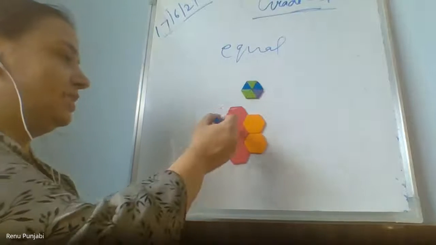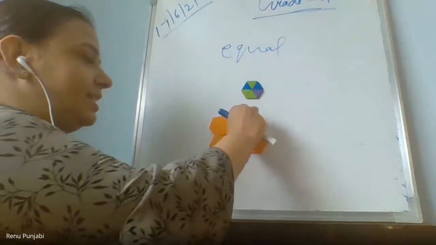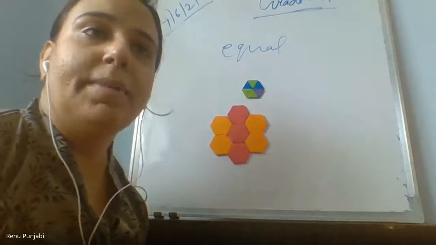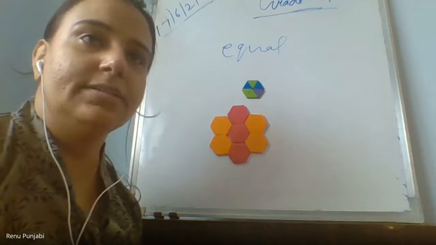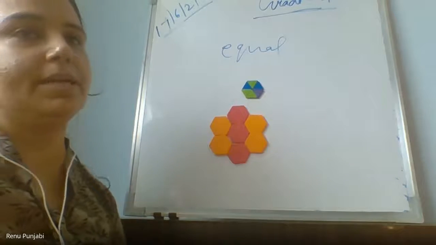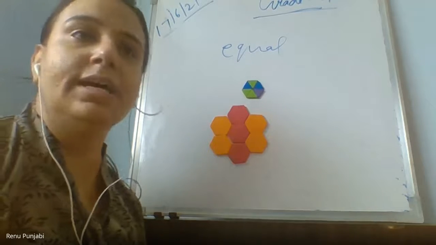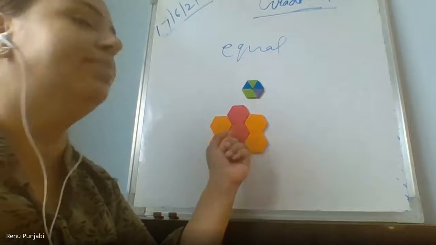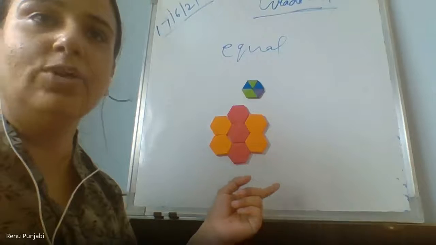The shapes which make a 360-degree angle at the center only will come as the patterns in the tiling. Clear? Always remember, in tiling there should be no gap in between. Then only it is the tiling.